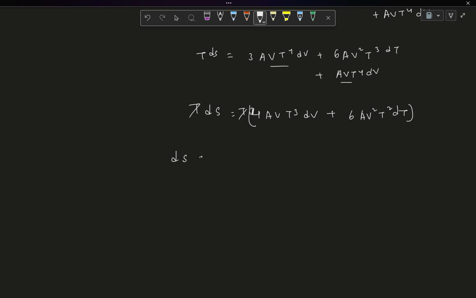So dS is becoming, now we have to take a close compact form within the derivative so that you can take out what is entropy. So this is simply dS equal to, if you take common 2A, the remaining term is 2V T cube dV plus 3V squared T squared dT.